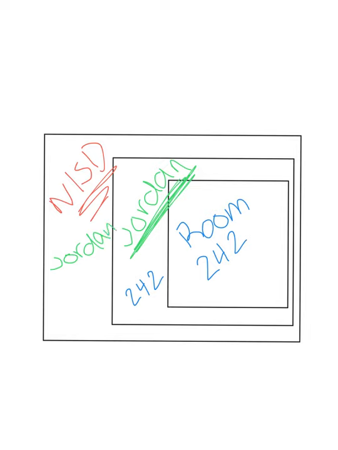We can say that there is Evers. We can say that there's Coon. We can say that there's Warren. All of those things fit inside of NISD, but they wouldn't all fit inside of Jordan, and they wouldn't all fit inside of room 242.